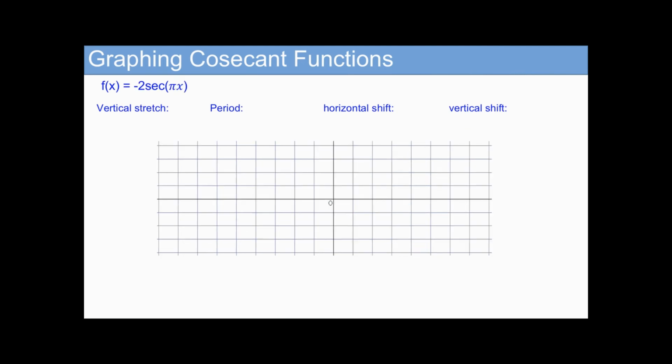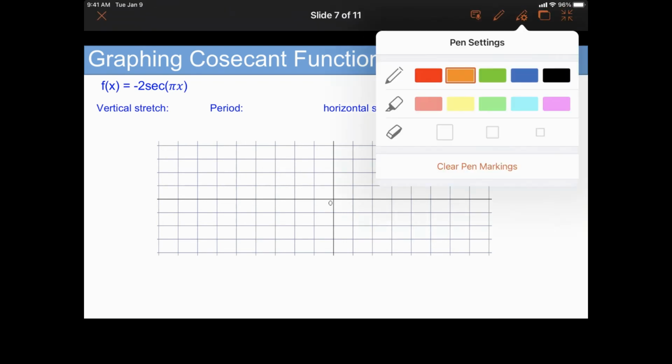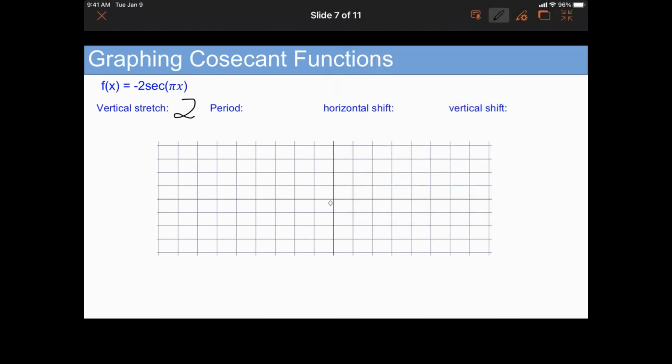All right, so let's do another secant. So this one is a little bit different. So I see I have a vertical stretch of 2. I have a period of, ooh, that's different. Okay, so my b is now pi. So to find the period, it's 2 pi over pi, which is 2.